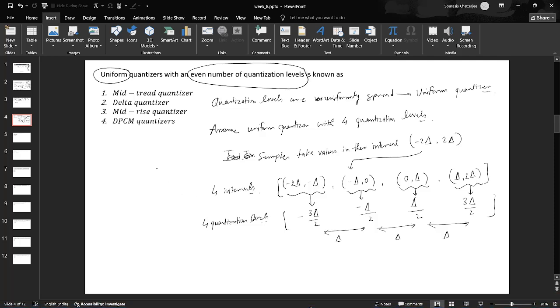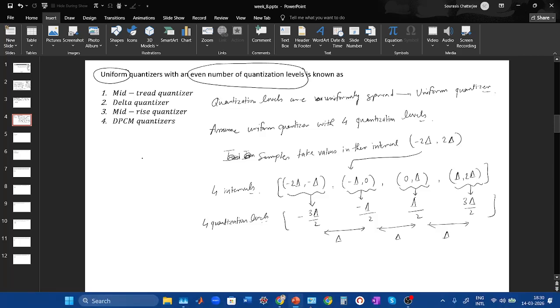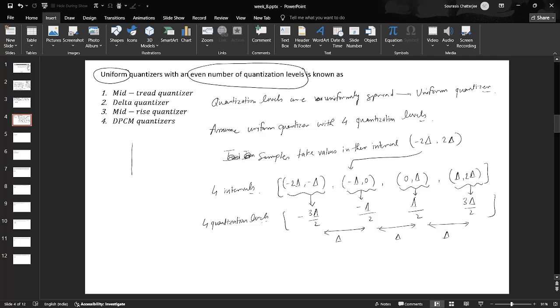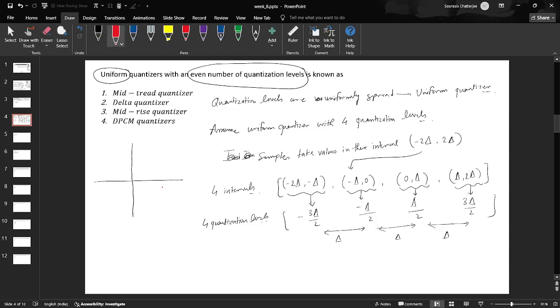Now let us draw its characteristics, to visually see how this quantization process is going to happen. Let us denote the intervals here.